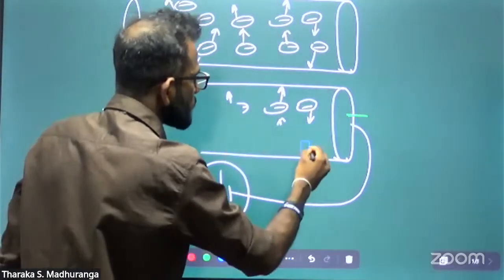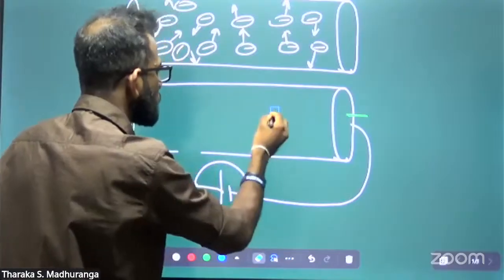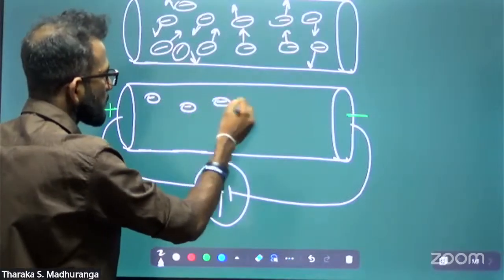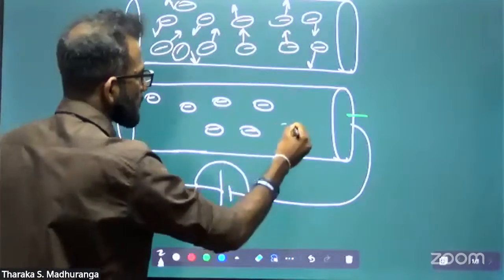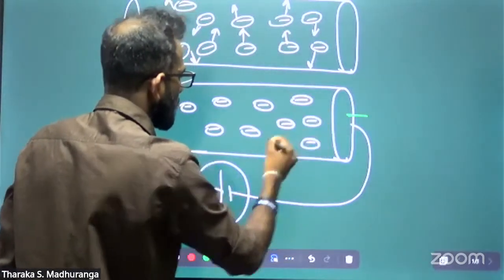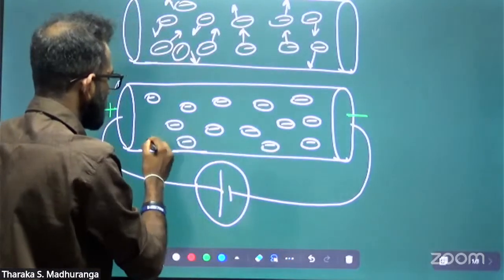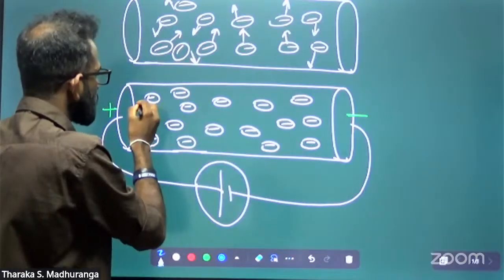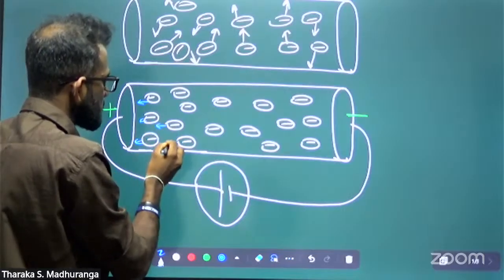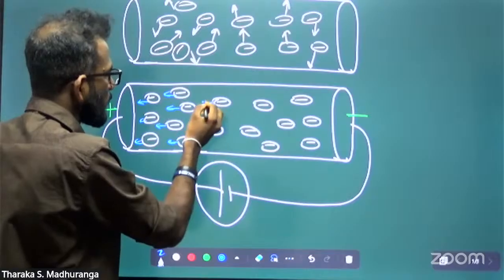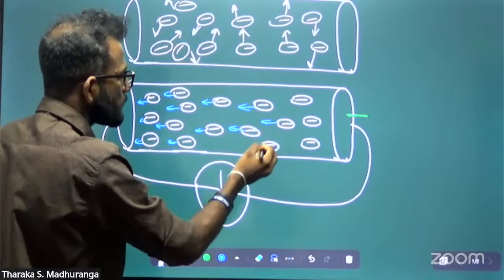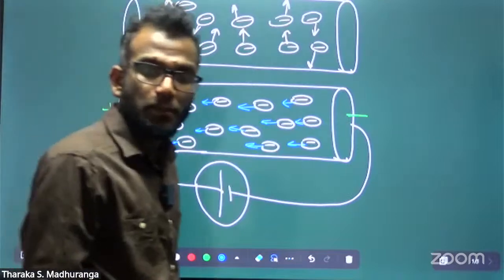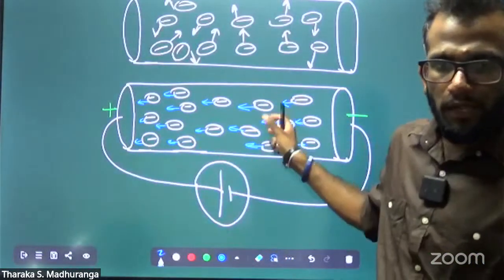They start to move in this specific direction, negative to positive, mainly towards the positive side.